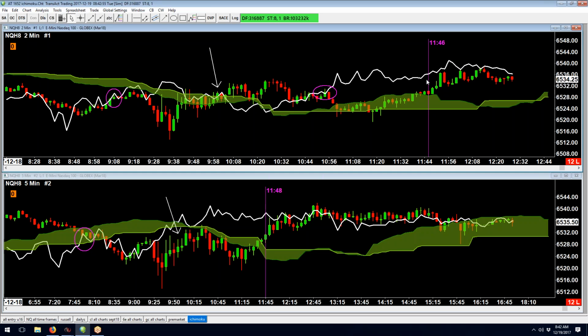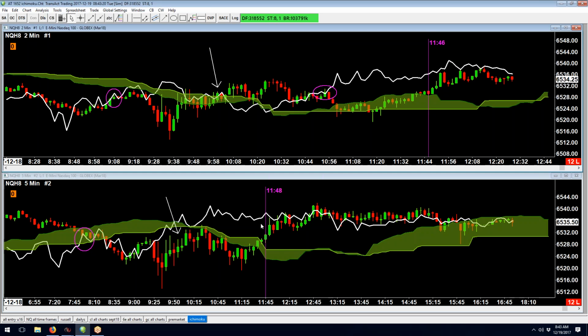Back here at 11:46, you can see price coming outside the cloud here. And this is where the Chikou line is at that point on the 2-minute chart. So everything agrees for this buy on the 2-minute chart, right? We have the Chikou line above the cloud, above price. You have price coming outside the 2-minute cloud here.